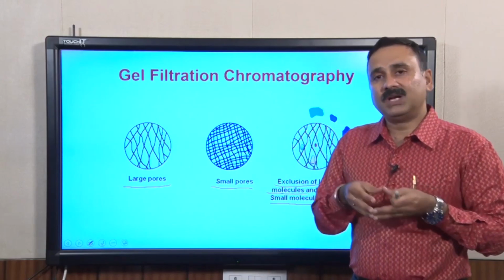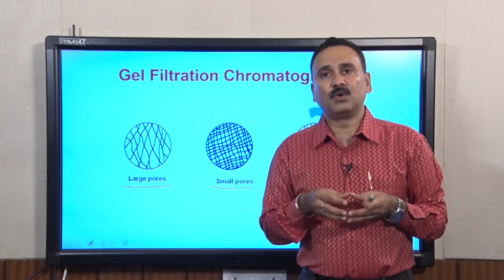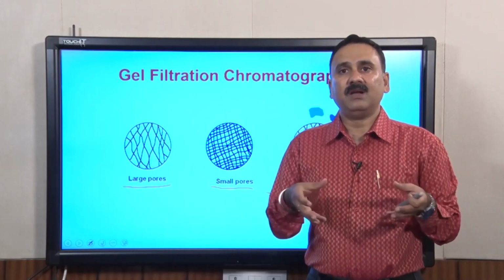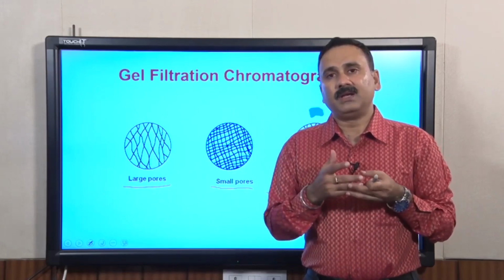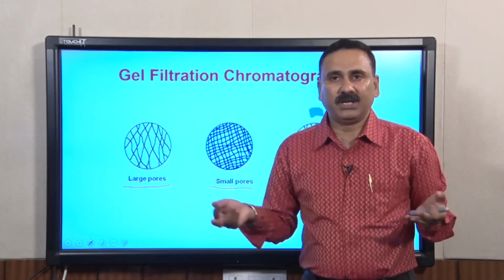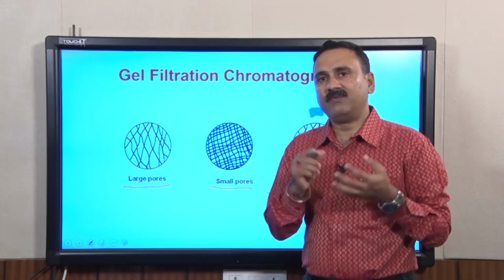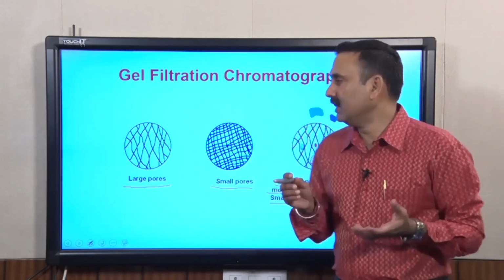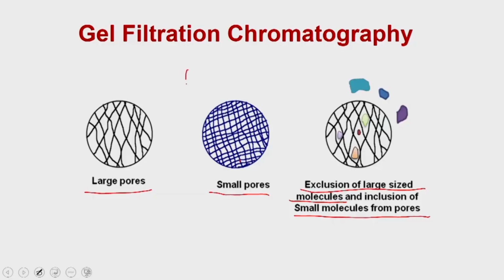That is why gel filtration chromatography is also called a reverse sieving technique, or it does not follow the filtration principle. In the normal filtration principle, suppose I am using a filter of 10 nanometer. What that means is that the particles which are smaller than this are going to be filtered out, whereas the particles which are larger than this are going to be retained on the filter.